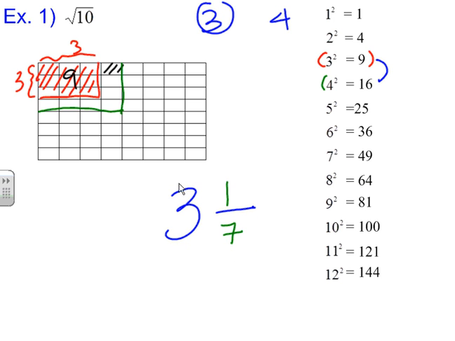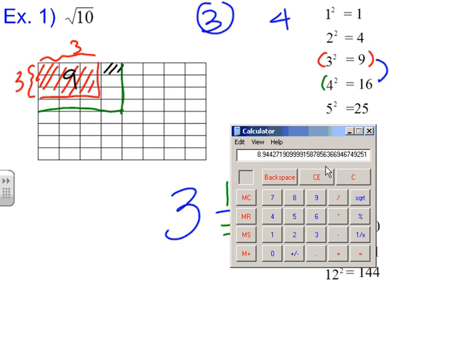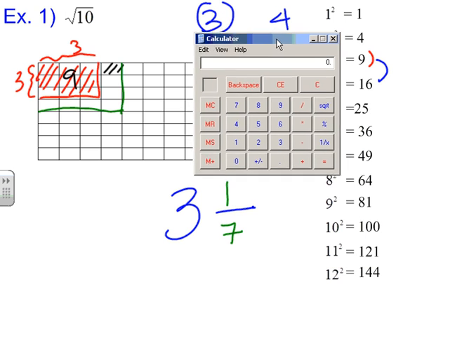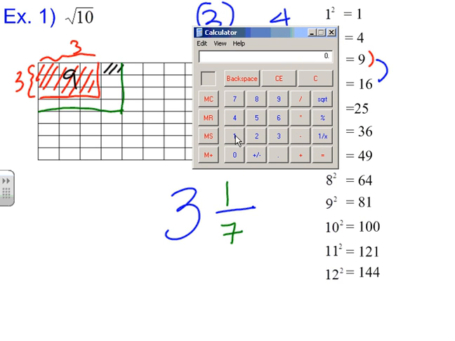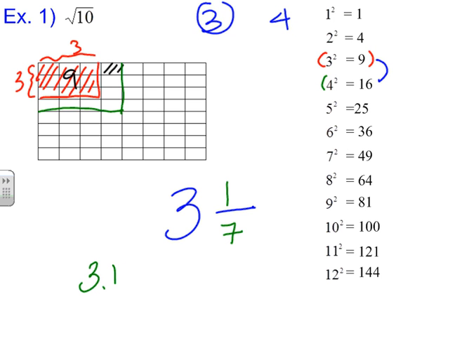Now I'm going to prove to you that 3 and 1/7 is probably within a couple hundredths of our answer. So let me clear this here. Let's do 1 divided by 7 first, and show that that's 0.1428. So we'll say 0.143 just for discussion's sake. So 3.143. We know the 3 is the whole number out front.